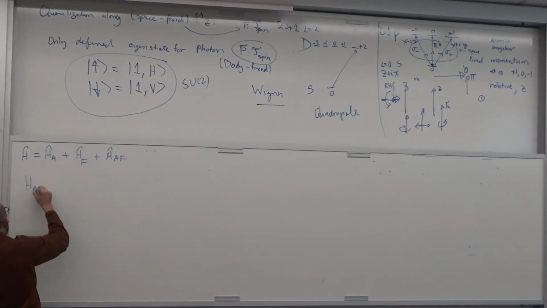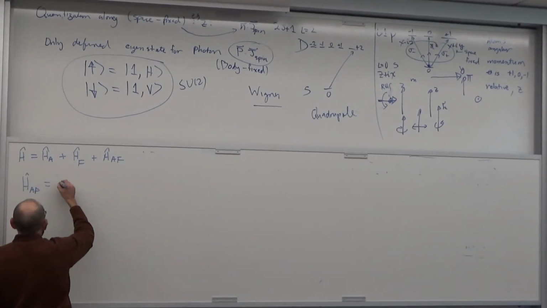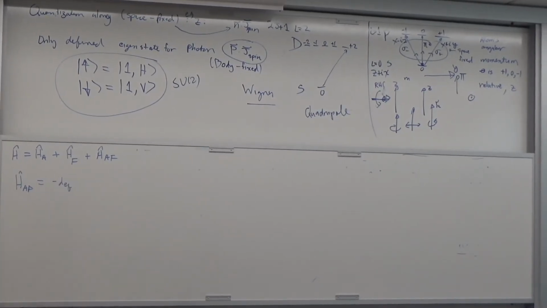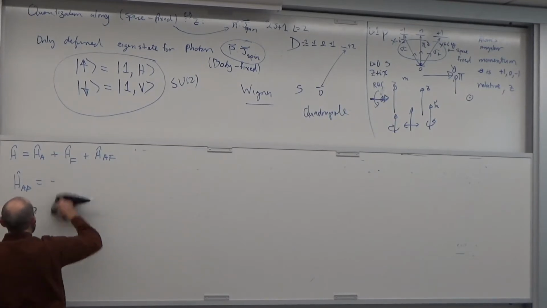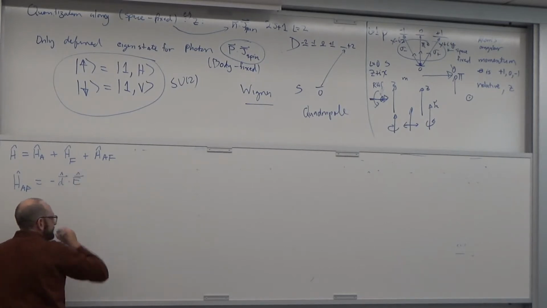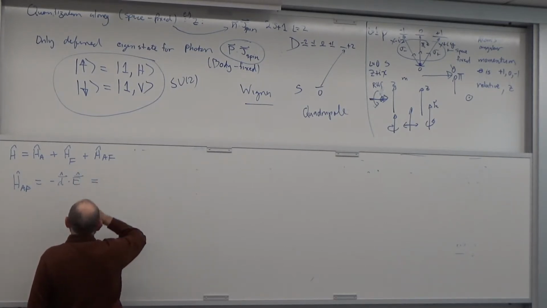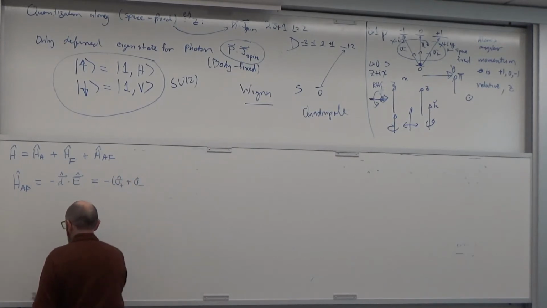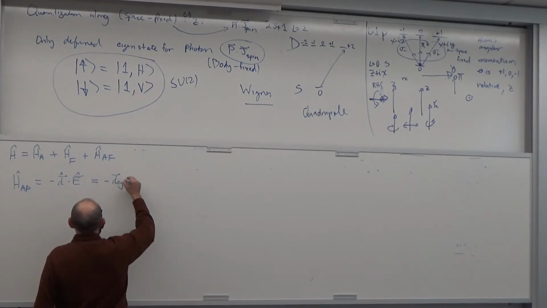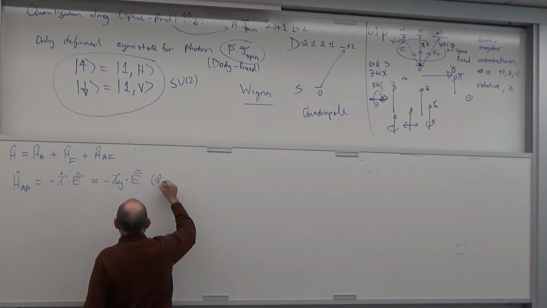H atom field is equal to minus D dot E, which is equal to minus DEG dotted into E, sigma plus plus sigma minus, I'm going to write it like this.